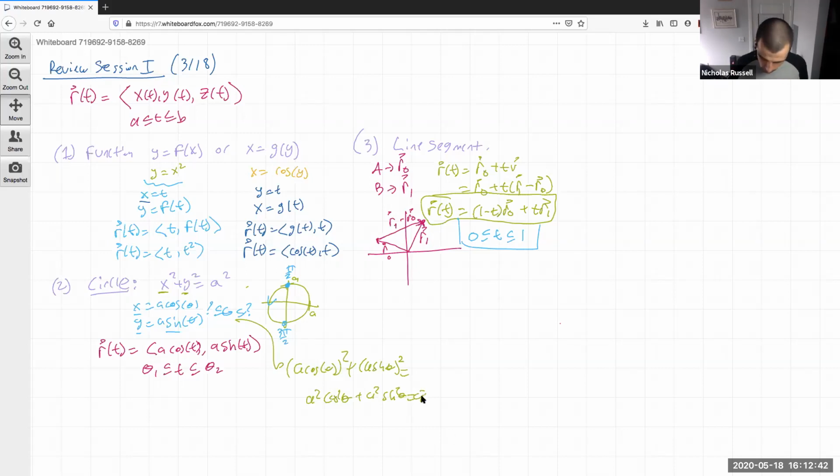So we're able to write the x coordinates as a cosine of theta and the y coordinates as a sine of theta. That's why we're able to put it in like this.